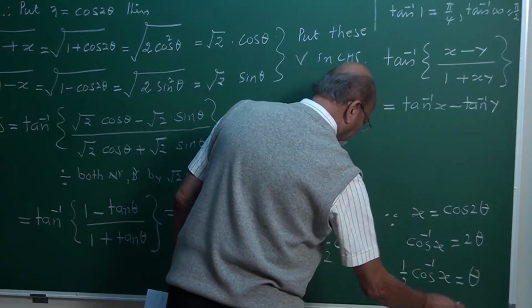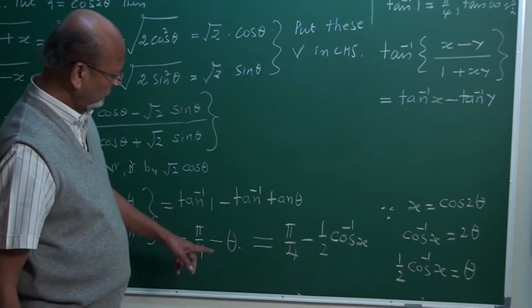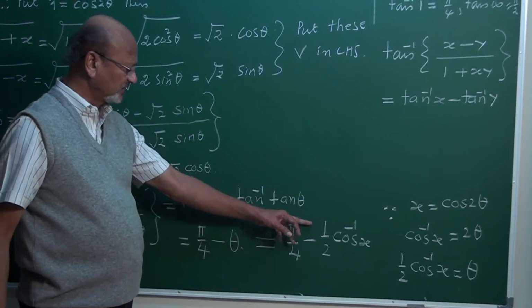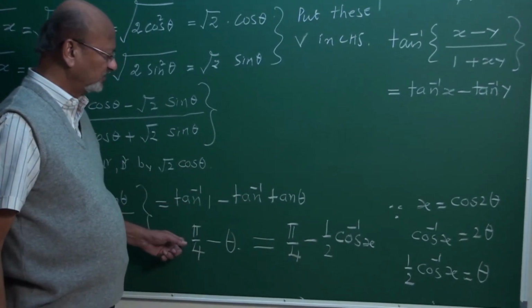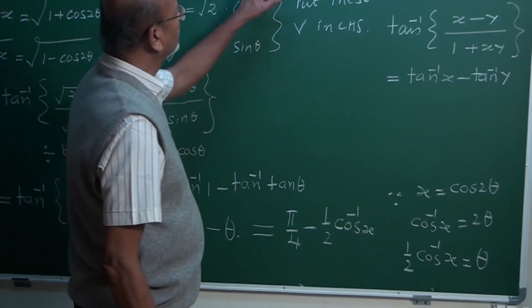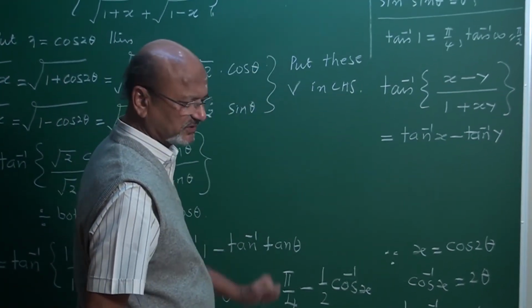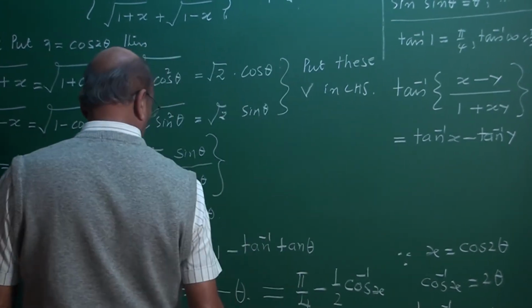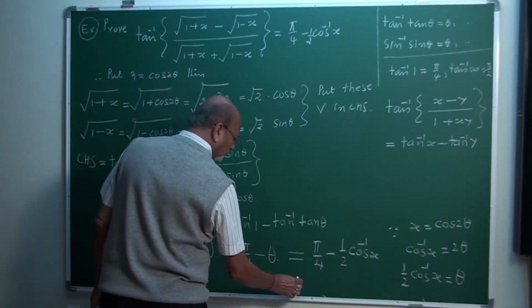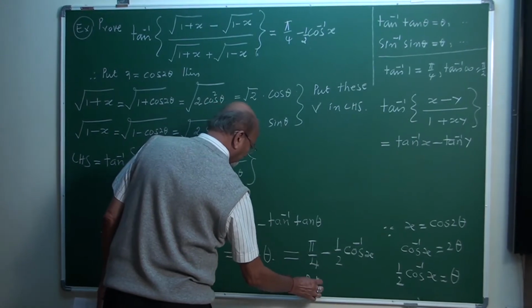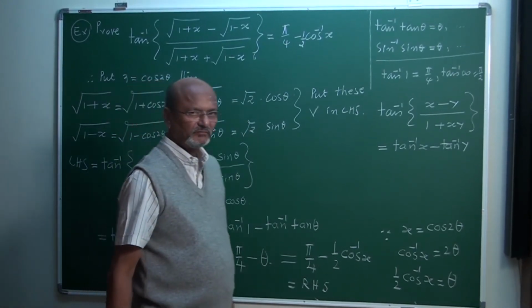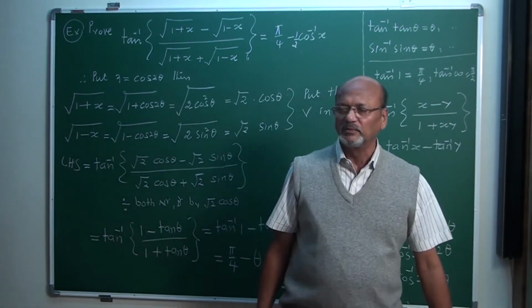So the value of theta is substituted as half cos inverse x, and tan inverse 1 is pi by 4. My friends, this is your example. When you start with LHS, you have to end with RHS. This is RHS. May be clear.